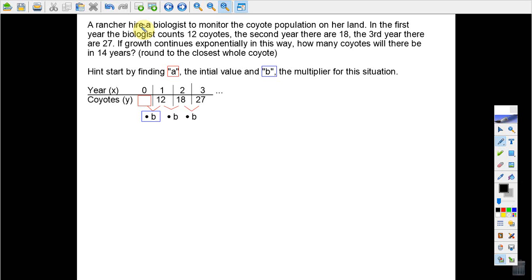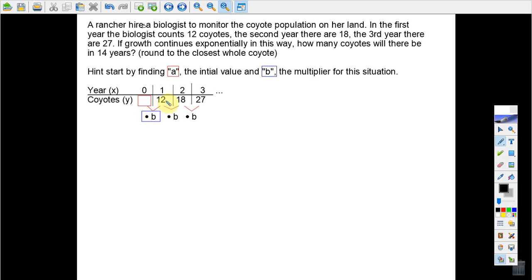I'll give you a little hint here. Start by finding A, the initial value, and B, the multiplier for this situation. Because we need to find A, which is the y-intercept, we need to go back and find how many there would have been in a theoretical 0 year. This is how many coyotes we had in year 1, how many in year 2, how many in year 3. So find the multiplier.